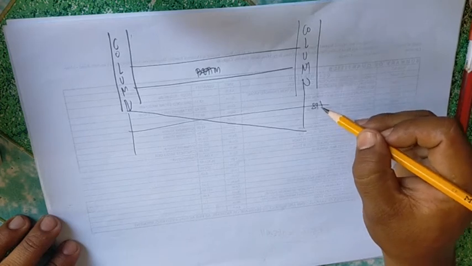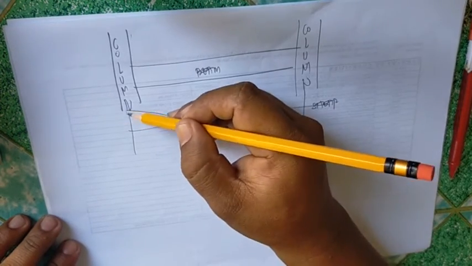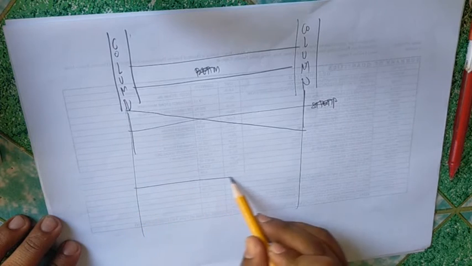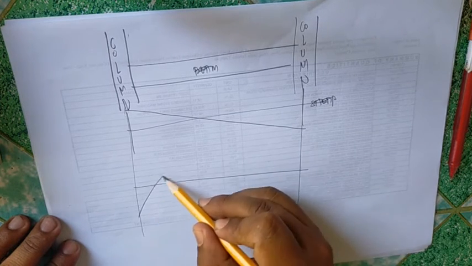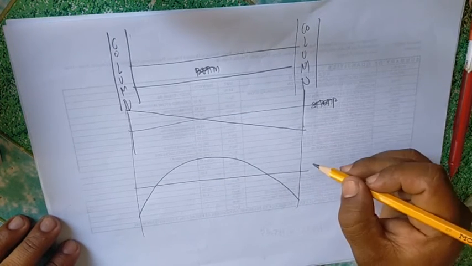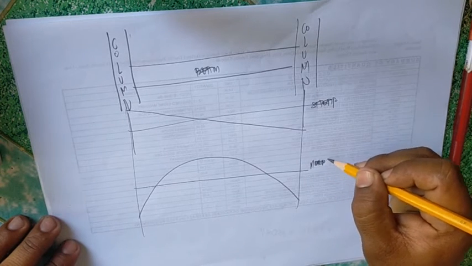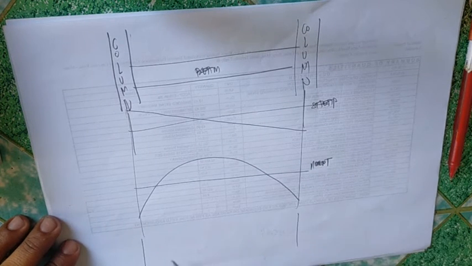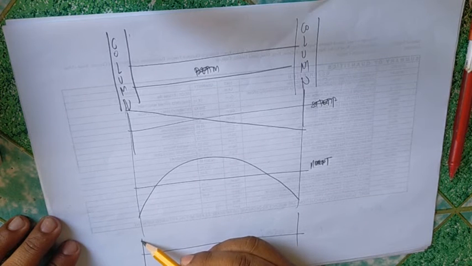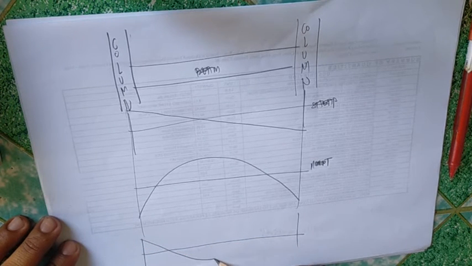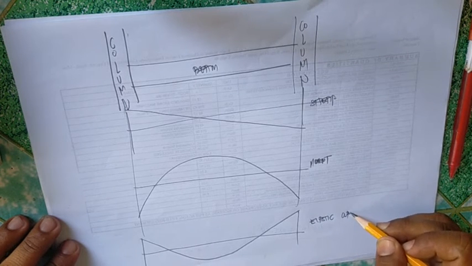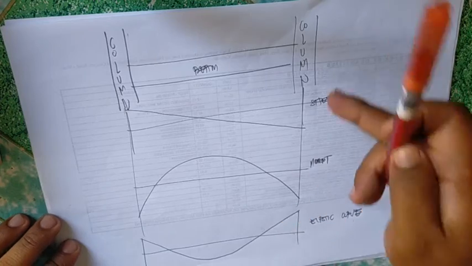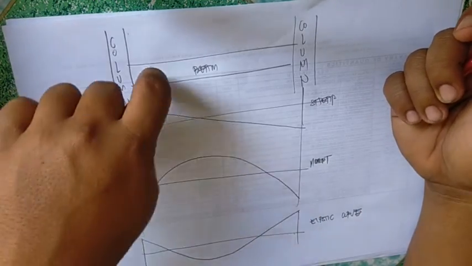This is the shear. Shear and moment. This is the moment. And usually the elastic curve is like this.